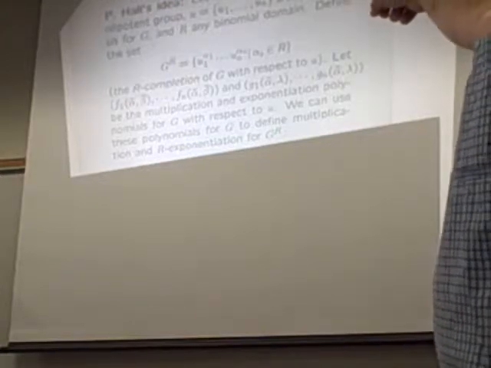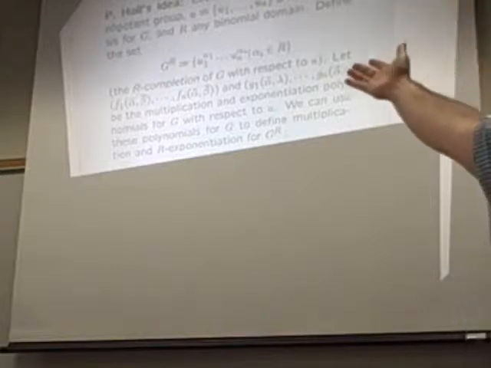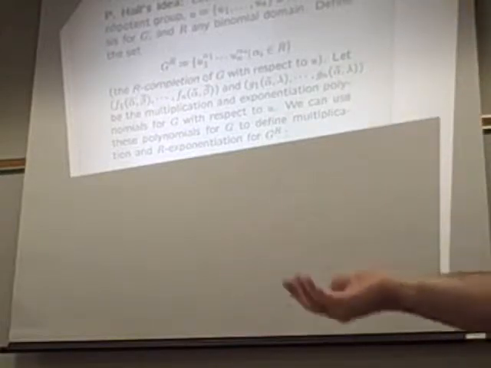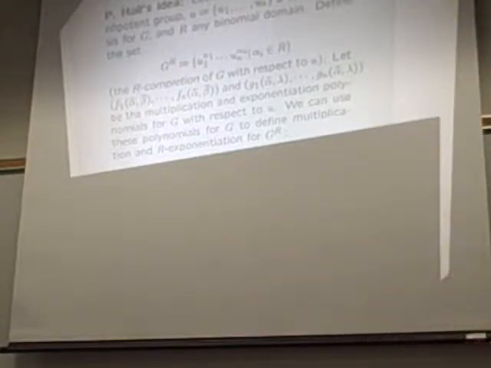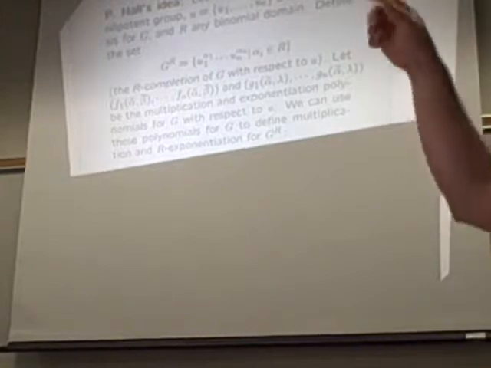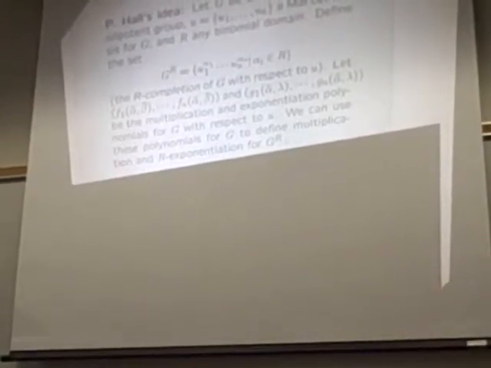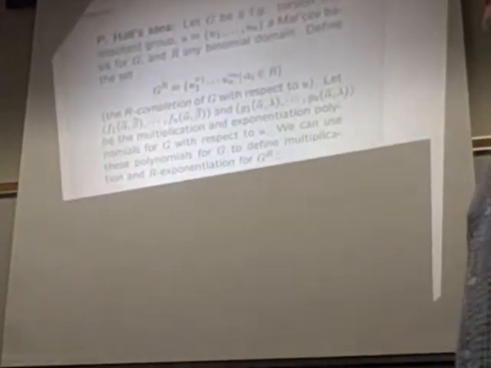Except now, of course, instead of putting integers into those polynomials, you're going to put elements of R into the polynomials. And the whole idea is that since these polynomials have rational coefficients, in fact, it turns out that they actually have binomial coefficients as well, binomial rings admit those types of elements. So everything works out nicely.